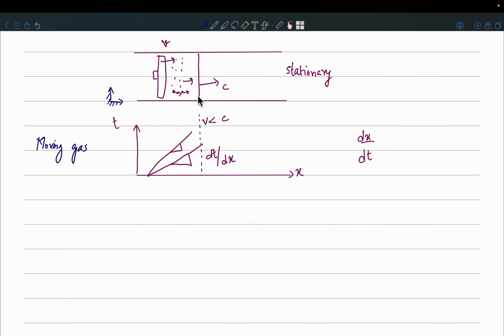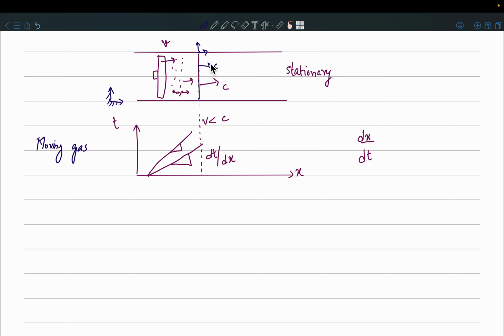Now if I go and sit on this wave front, then what will I see? The gas particles on this wave front will be stationary to me, right? Just exactly on this wave front. You will be moving forward with a speed of c, and you will see these particles with respect to you.